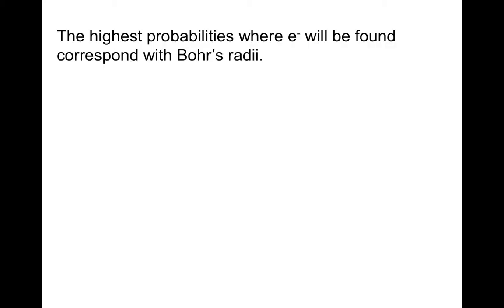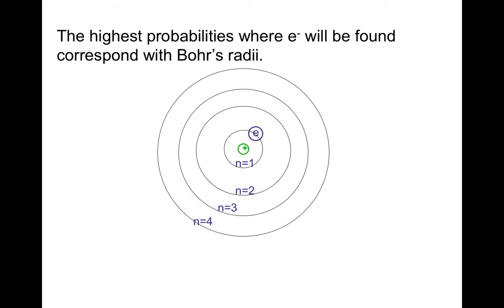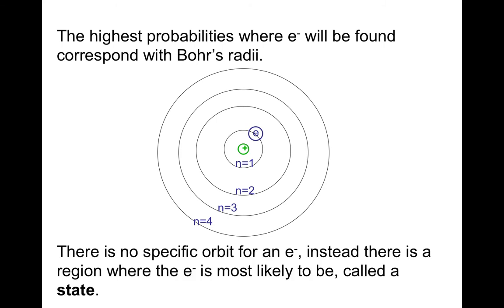Okay, so the highest probabilities where you're going to find electrons correspond to those Bohr rings and those energy levels. So if you were to look at a cloud model of an atom, you'd see a high probability of finding an electron that falls at these very specific rings around the nucleus.